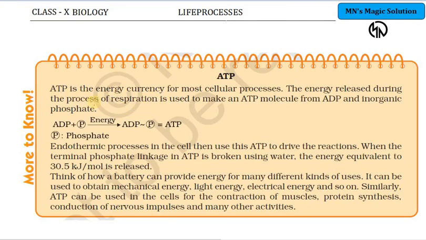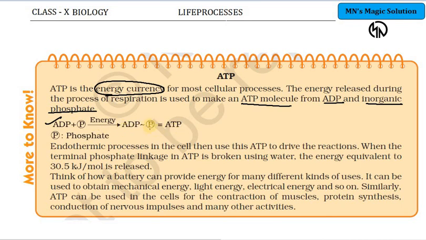ATP is called the energy currency for all the other cellular processes. From the end product of respiration, the ATP molecule is made from ADP and inorganic phosphate. ADP, adenosine diphosphate, plus inorganic phosphate, in the presence of energy, will form ATP.